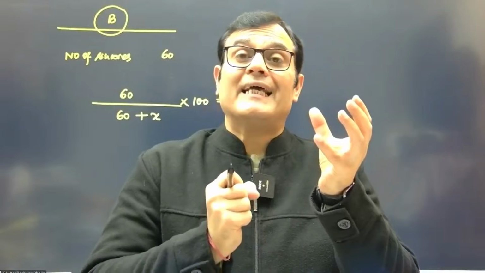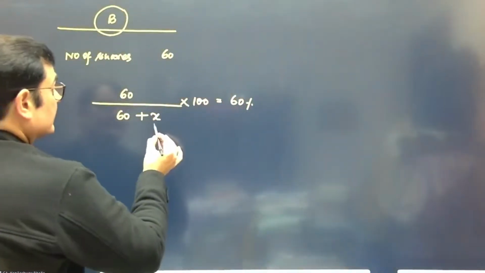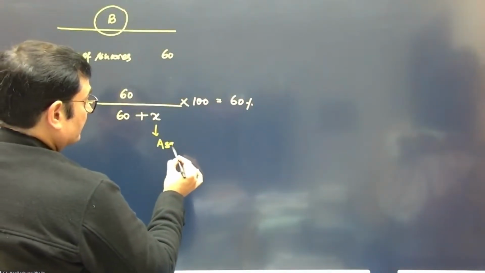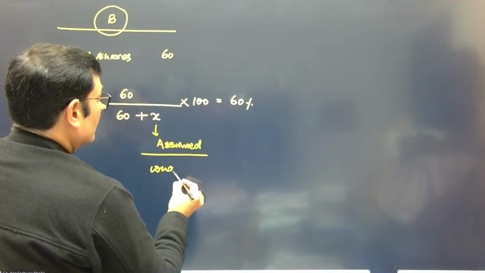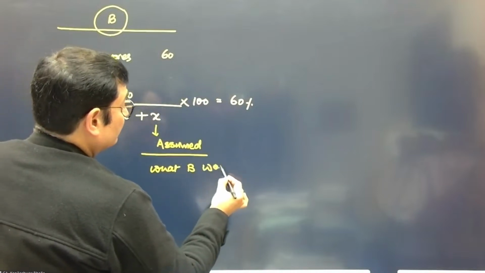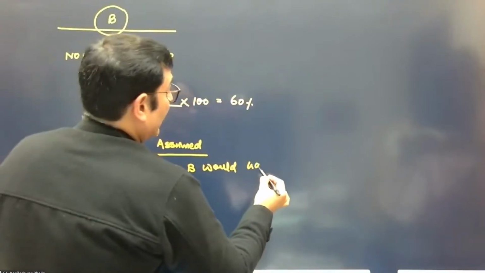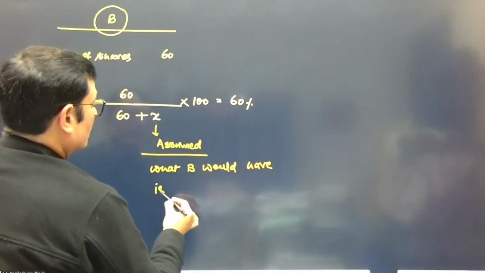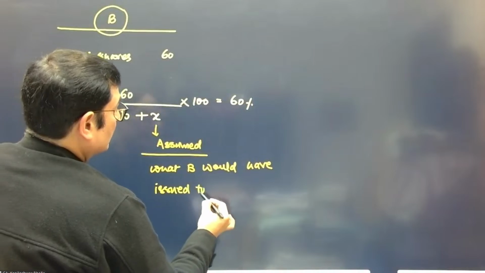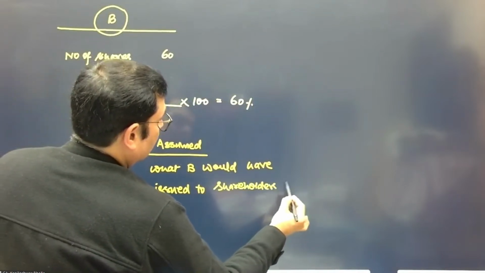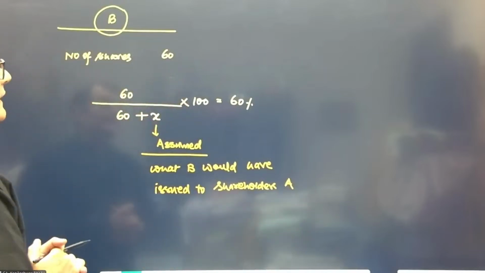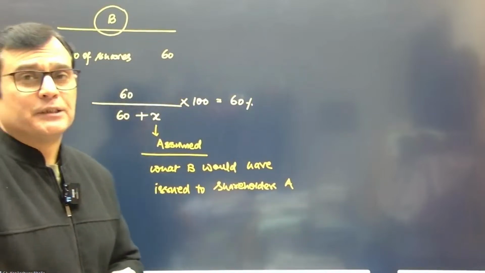And if he would have issued X number of shares in his own company, the total share capital of B would have been 60 plus X. So this X is what we have assumed B would have issued to the shareholders of A. So we are calculating what would have been given to the shareholders of company A if he wants to maintain the same percentage.